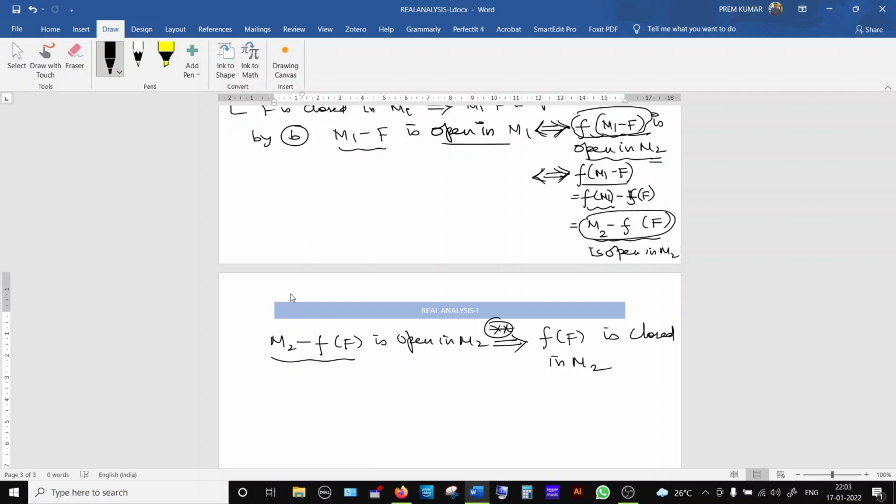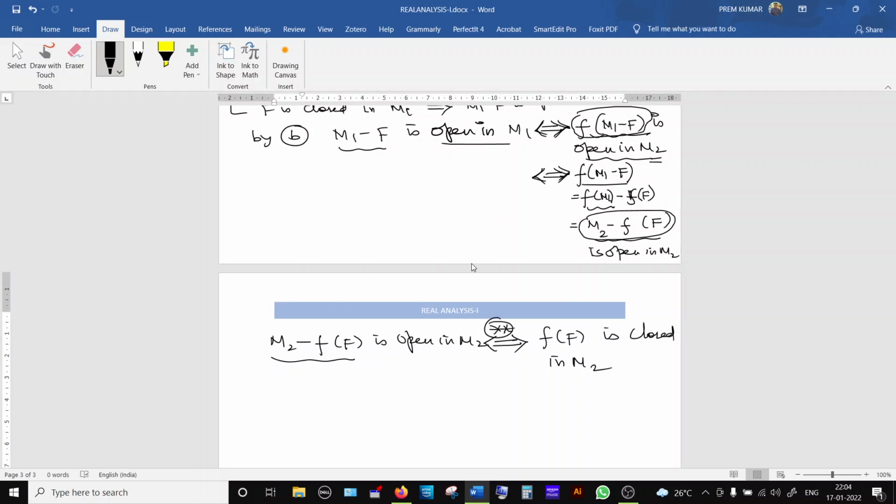So now we will prove the statement finally. This is M2, and this is also different because the converse we have also proved in that statement.